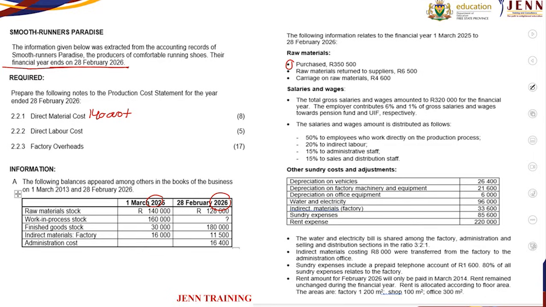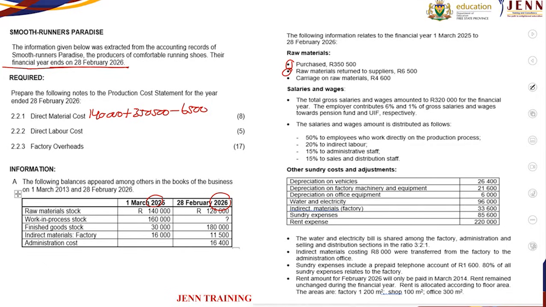It says purchases, 350,500. And then now it means our purchases will be 350,500. The second bullet says the raw materials returned to the supplier is 6.5. So now we say minus 6.5.